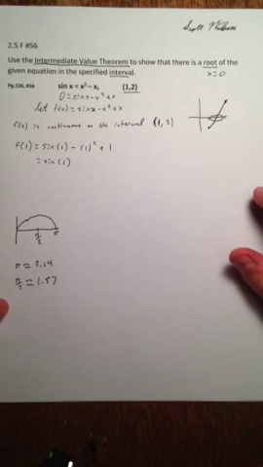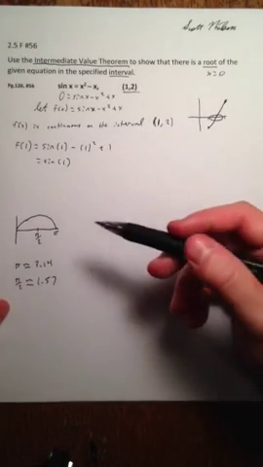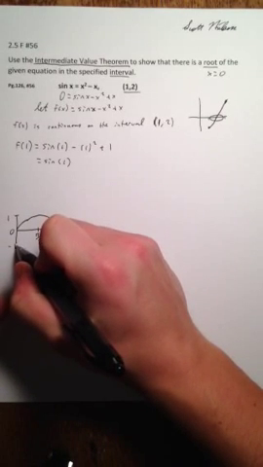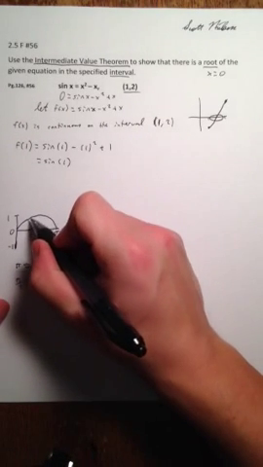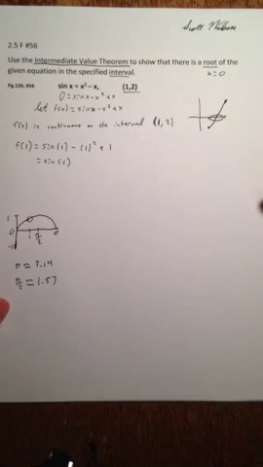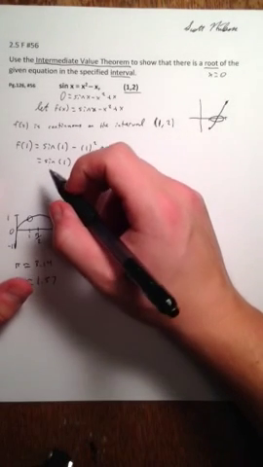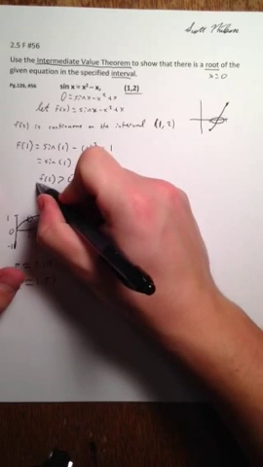So where's 1 on this? All we need to know from this graph is that 1 is about here, and what's important is that it's a positive number, between 0 and 1. So we got our positive, and we can say now that f at 1 is greater than 0.